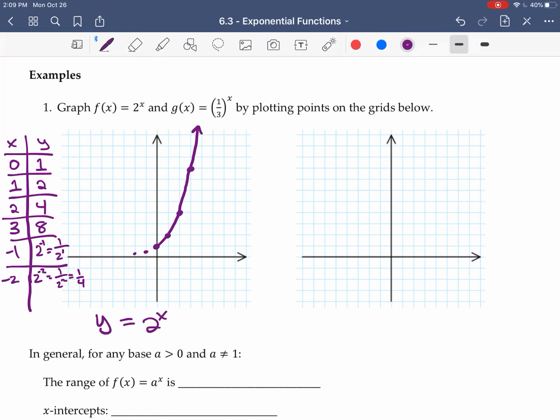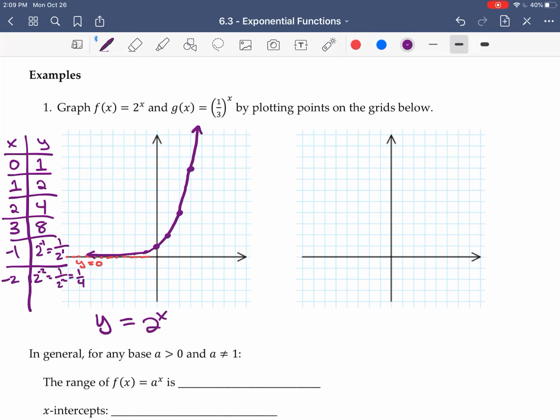So that's going to be even smaller. And in fact, you're going to have a horizontal asymptote at this side at y equals 0. So it's going to approach y equals 0 as the x values go to minus infinity. So you're going to have a shape like that. And we're going to get closer and closer to 0, but never cross.